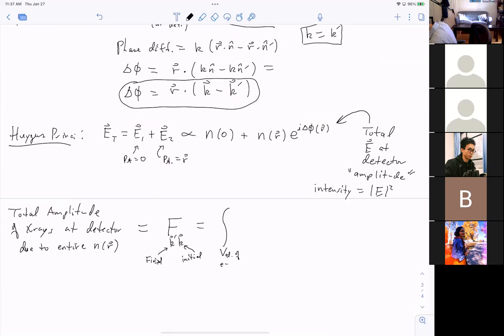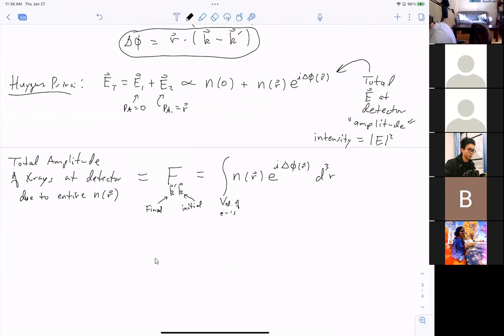And I'm going to have to write N of R times e to the i, and then the delta phase for each ray coming from each R. And then this is integrated over R. Okay, so that's the total amplitude of all the X-rays hitting the detector.